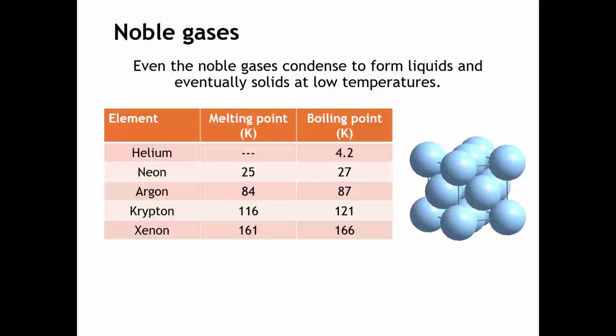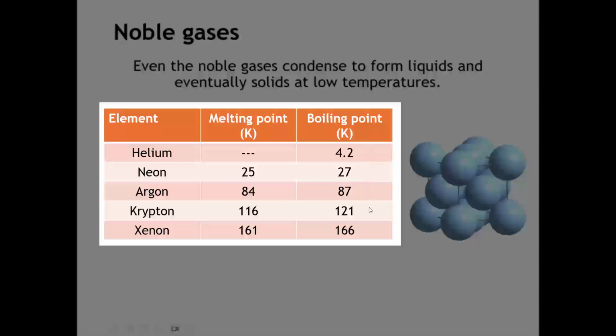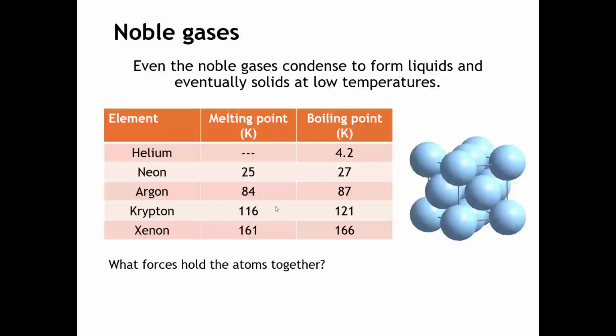Yet, if we look at the characteristics of the noble gases, we'll see that if you cool them down enough, they all do become eventually liquids, and all of them except for helium will become a solid at sufficiently low temperatures. So this raises a couple of questions. What on earth is responsible for the atoms sticking together?